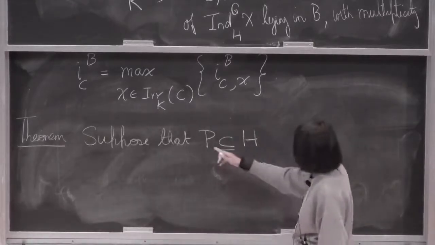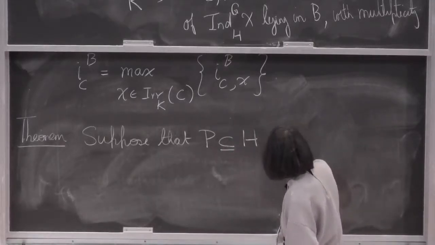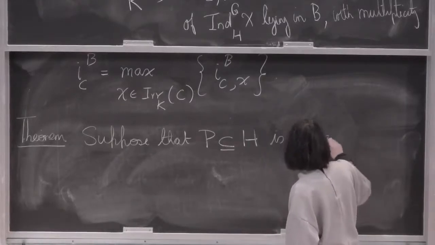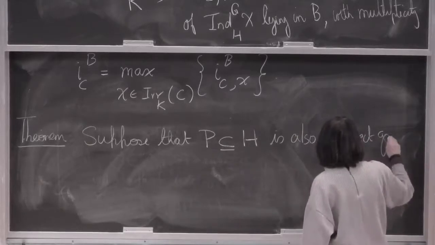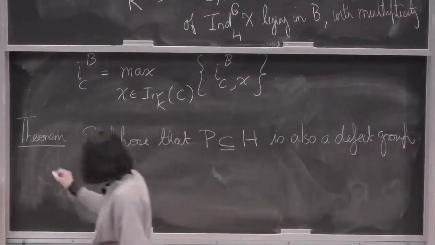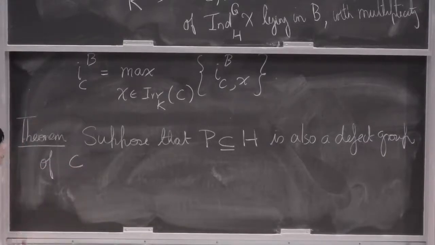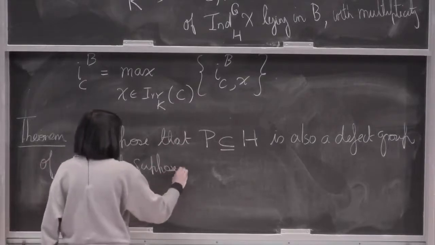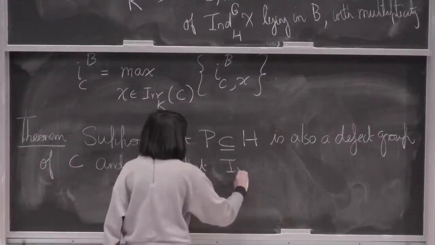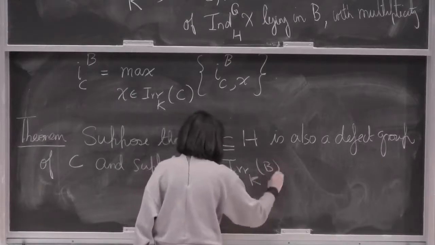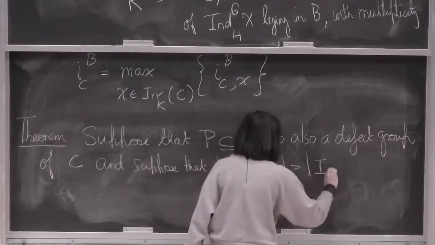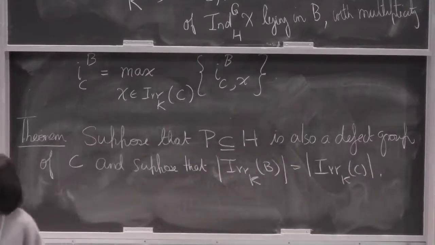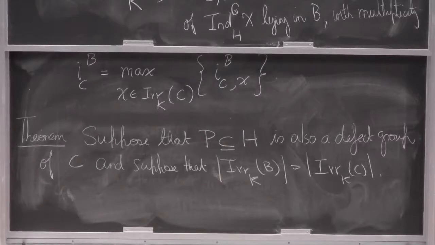So I suppose that P is a subgroup of H, and it's also a defect group of C. Okay, and I'm also going to suppose that B and C have the same number of ordinary characters. Okay, because there's no harm in assuming this, because if they don't have the same number of ordinary characters, they are not going to be Morita equivalent.